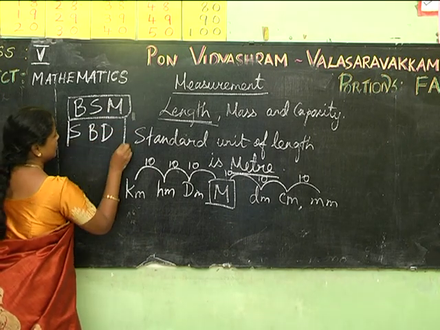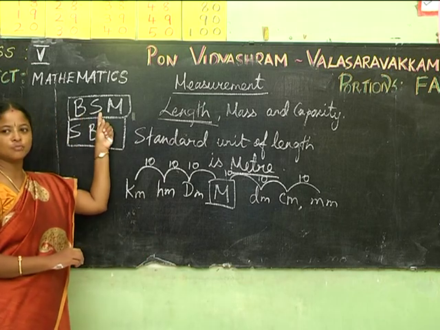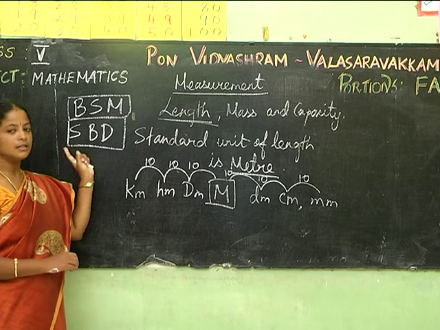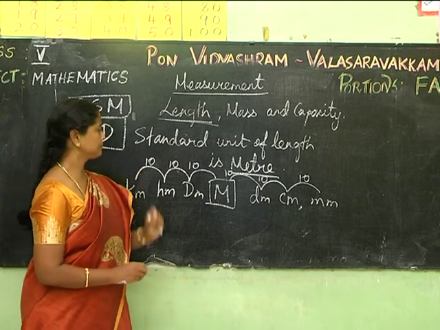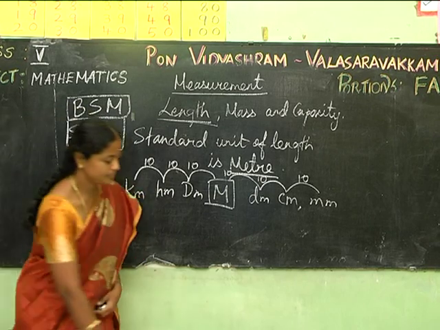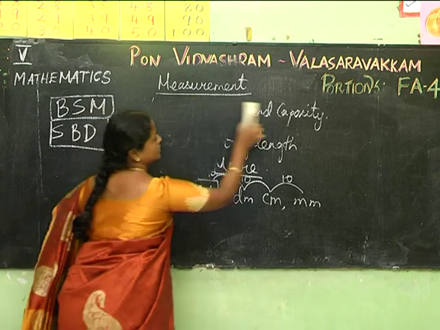That is BSM and SBD. BSM is big to small multiply, and SBD is small to big divide. Let us see a few examples.